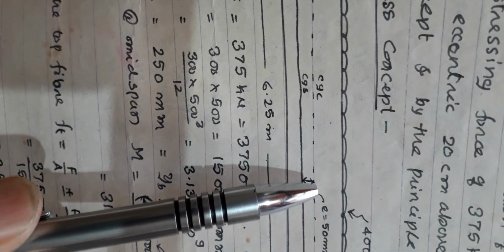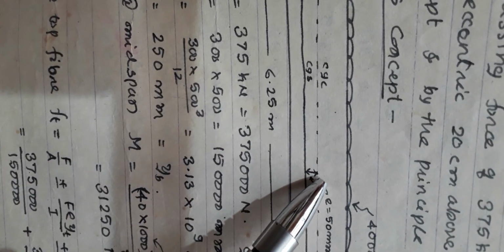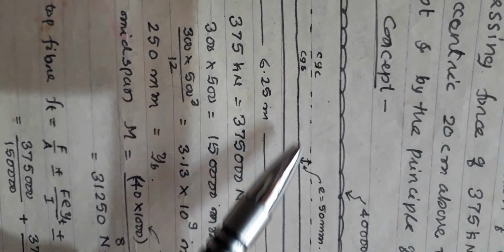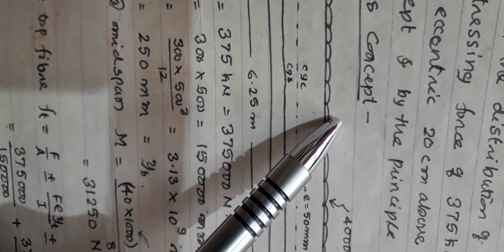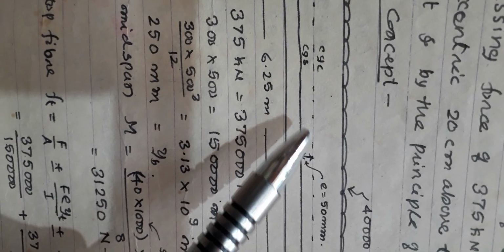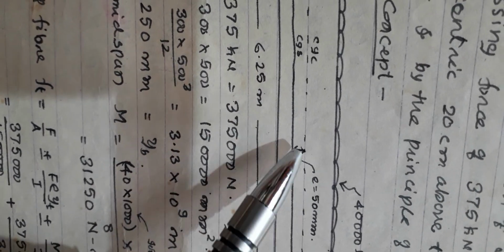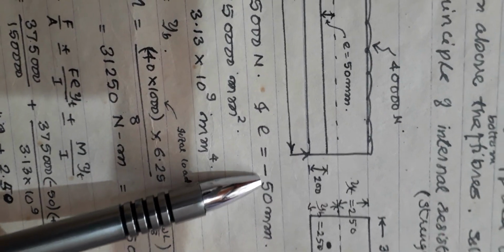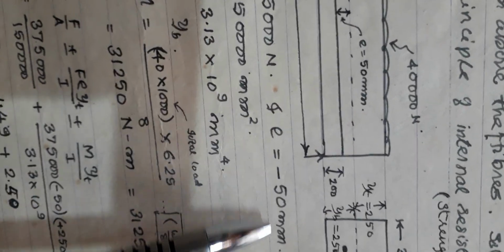From CGC, whichever is below, I will assign a negative sign, and whichever is above, I will assign a positive sign. Since the eccentricity is below CGC, I am assigning a negative sign. E is now minus 50 mm.